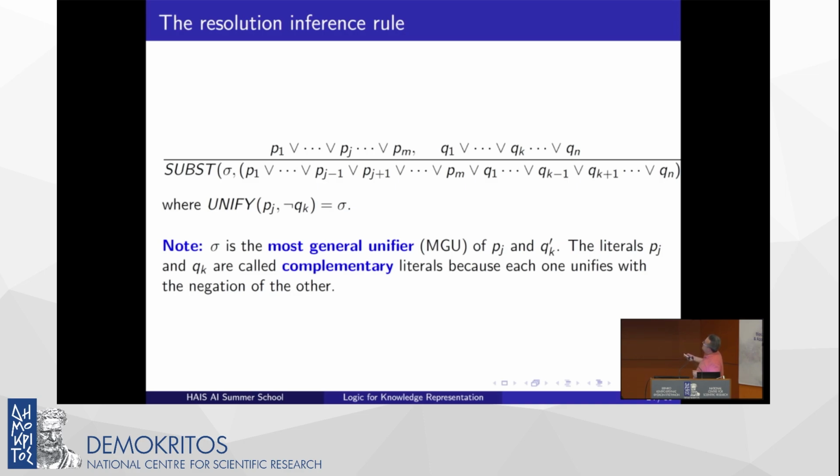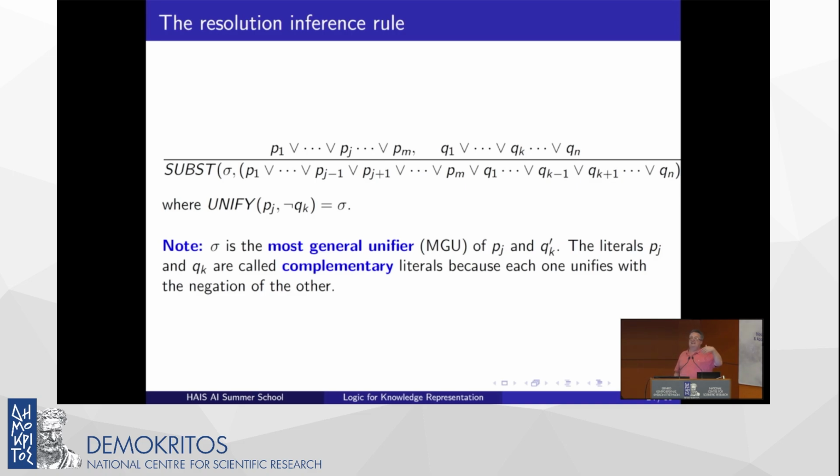So the resolution rule says, if you have this disjunction and this disjunction, and there is a disjunct Pj and a disjunct Qk, and they unify. What does unify mean? Not only unify, but one actually unifies with the negation of the other.